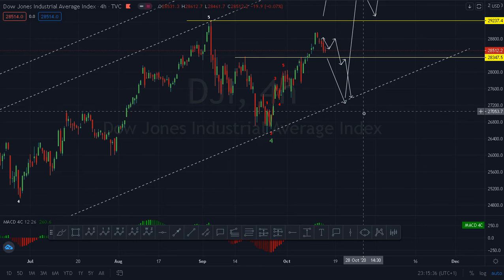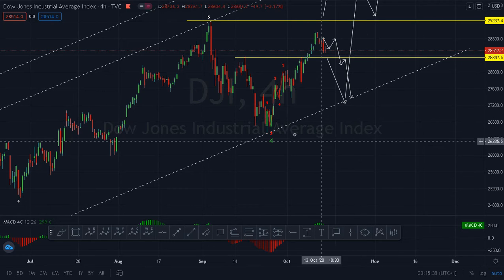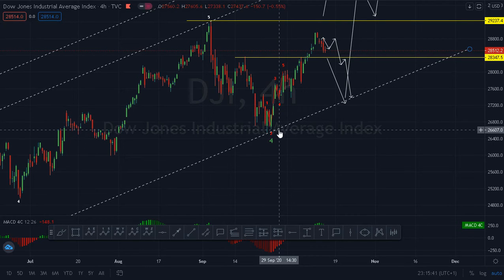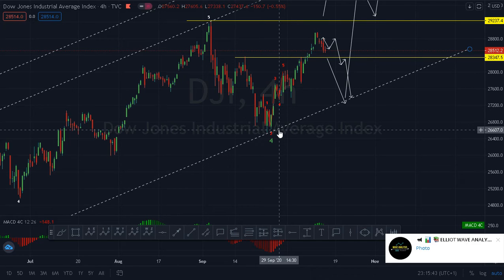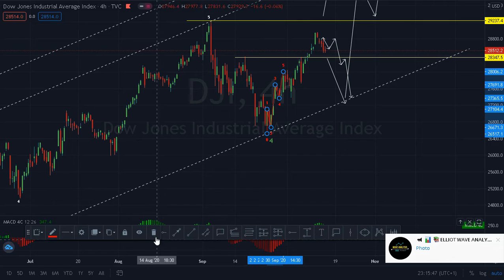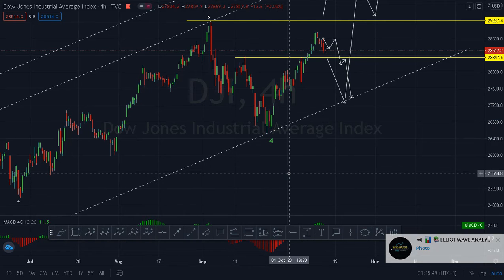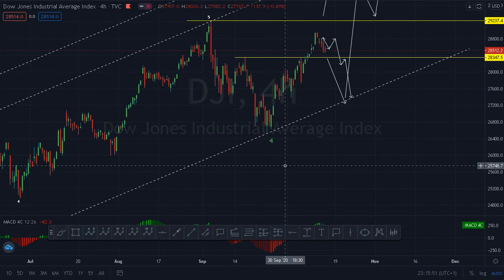If it breaks again, it means that this wave 4 is not over. What it will then mean is that this wave 4 is developing as a zigzag.